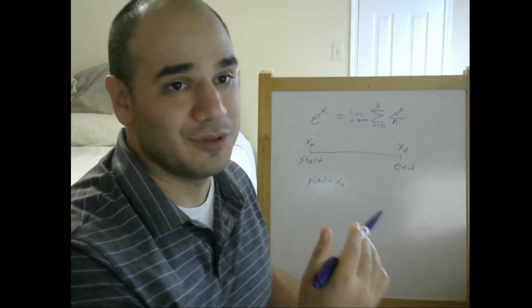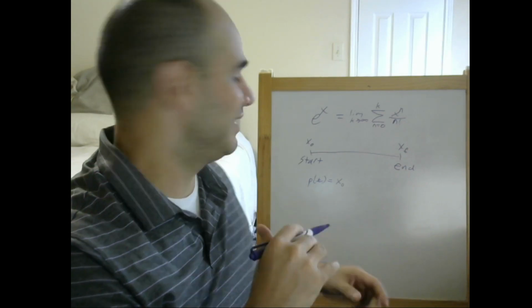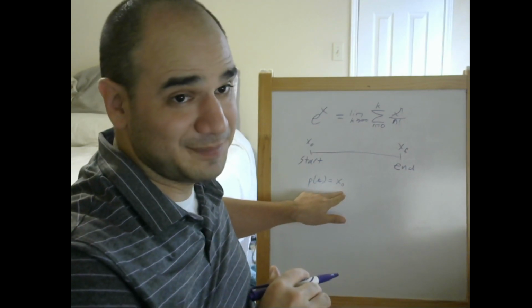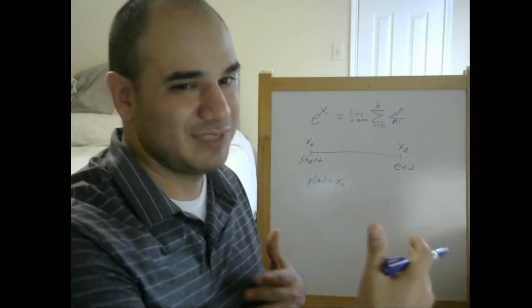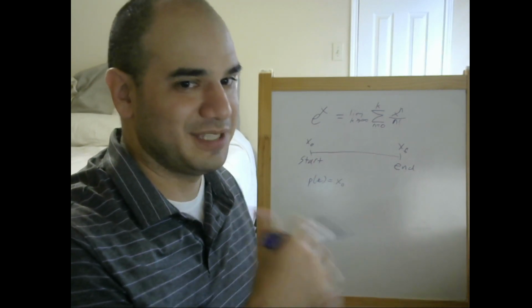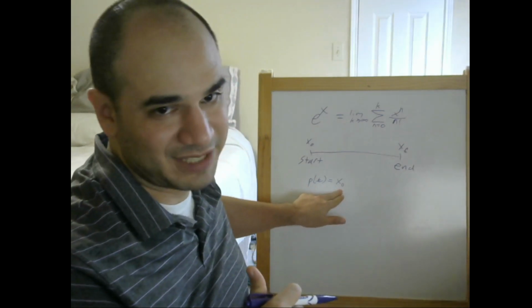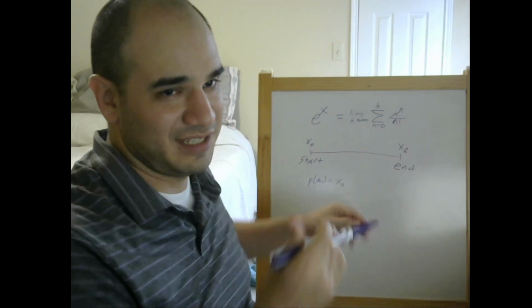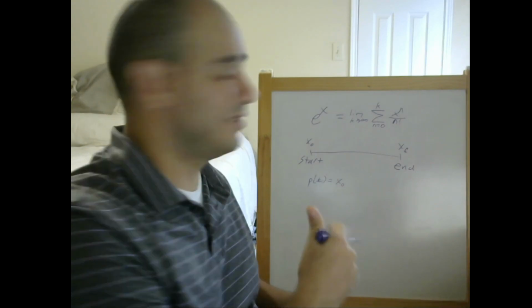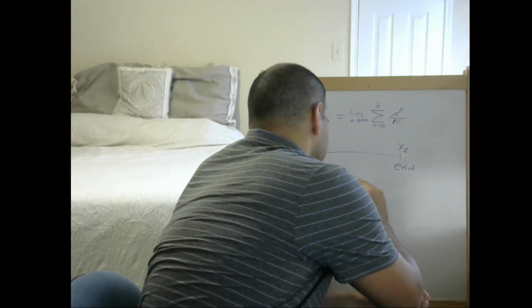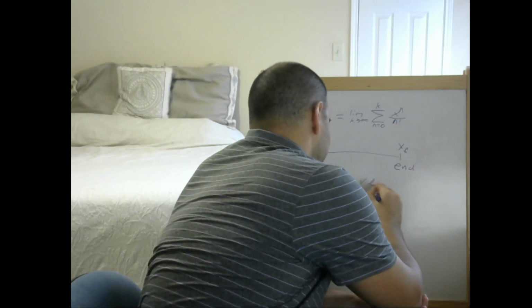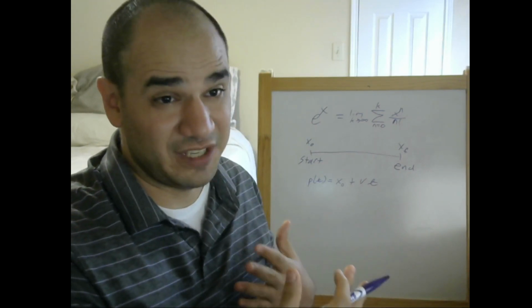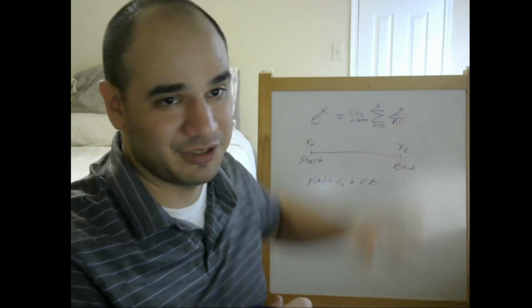But if you are moving, then it's your initial position, and then you add in however much you've moved since you started. So we'll assume that at time t0, that's when you were at x0, and then every time greater than t0, you are moving at some constant velocity v in the direction towards your finish line.